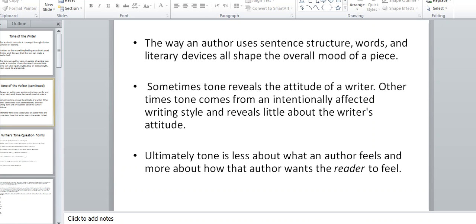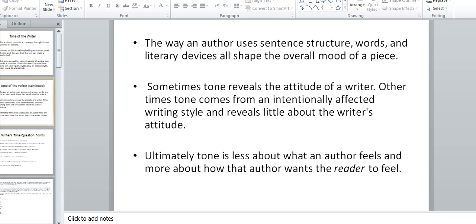So as we said before, choice of words, even sentence structure, and other literary devices that are used in literature, for example, making use of figurative language like simile, metaphor, personification. All of these shape the overall mood of a piece or of the passage we're reading.